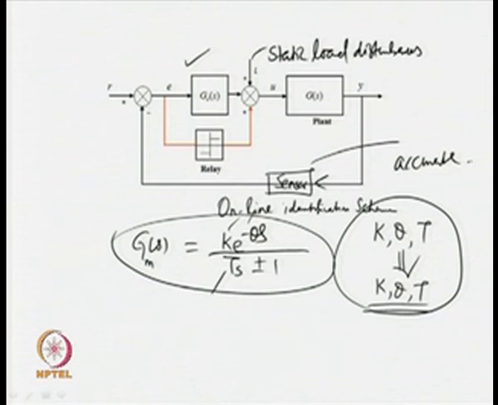So, for this identification technique, in our last lecture, we have found the explicit expressions for the model parameters theta and T, and let me repeat those expressions once more.